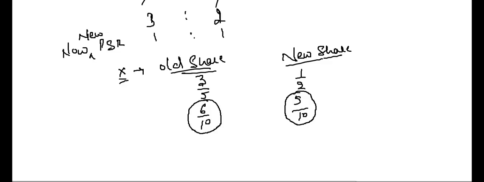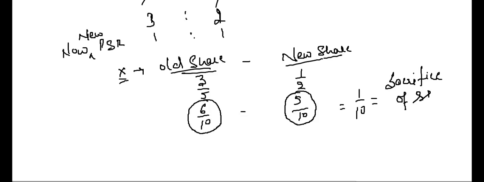That means in the process of change in the profit sharing ratio, X is sacrificing some part of his share. How much is he sacrificing? Old share minus new share, which is 1 by 10. 1 by 10 is the sacrifice of share by X. Clear?